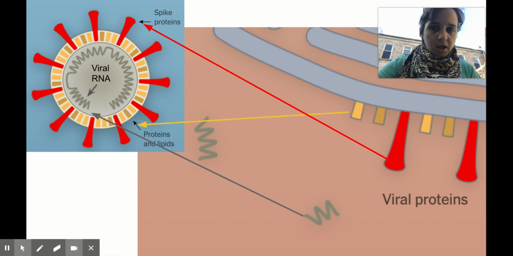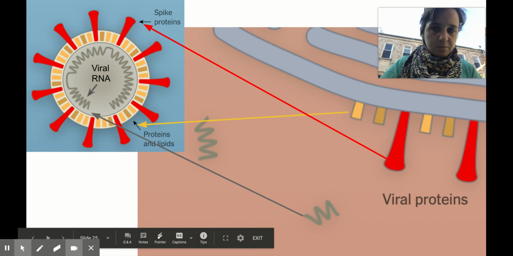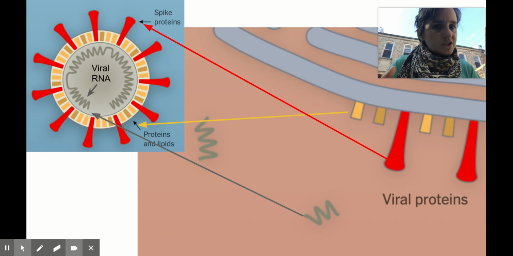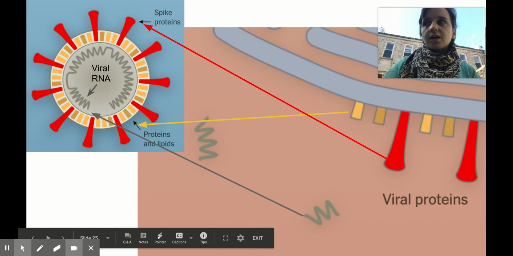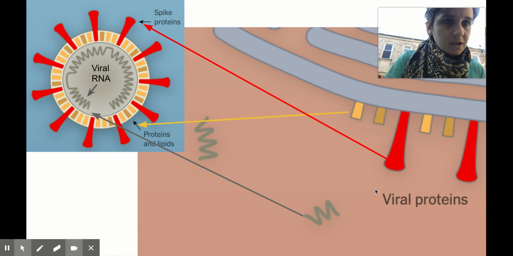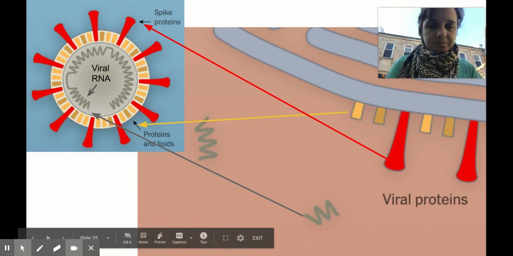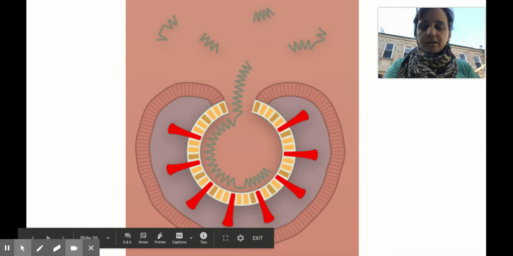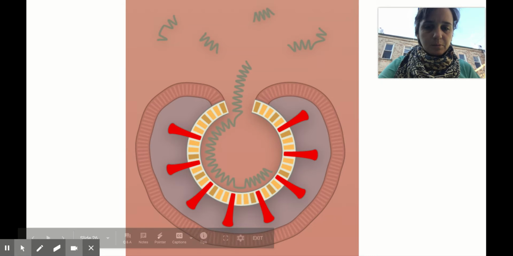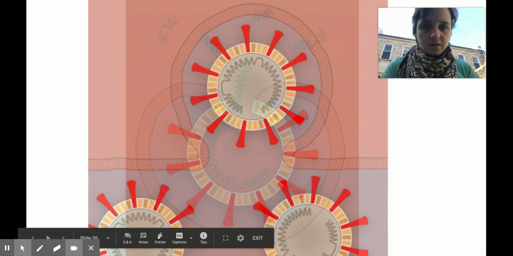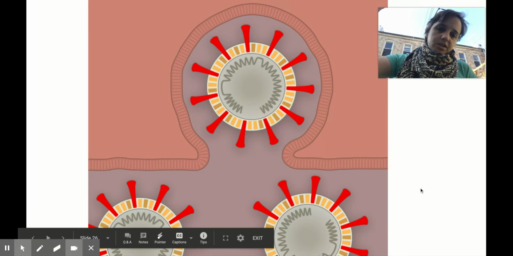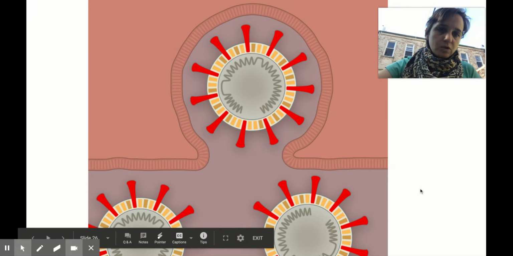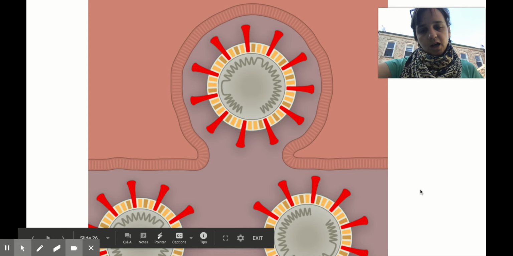And my RNA is going to go ahead and be the RNA. So the ribosomes in my cells, instead of building things like insulin, are now building parts of a virus. All these parts are going to come together to assemble a new copy of a virus. And then your cell is just going to move those newly copied viruses and release them back into your airway, where this whole process can start all over again.